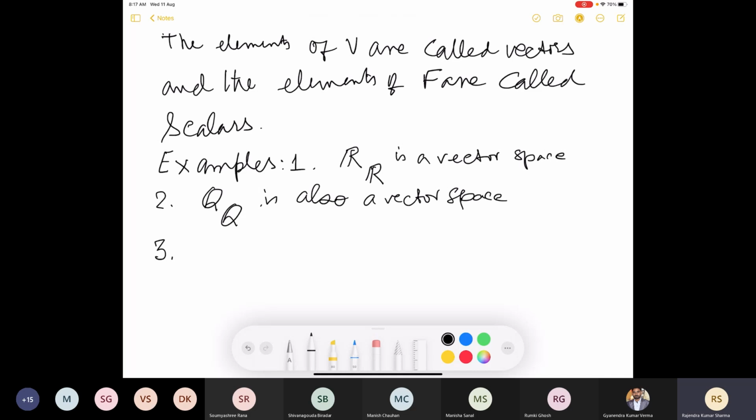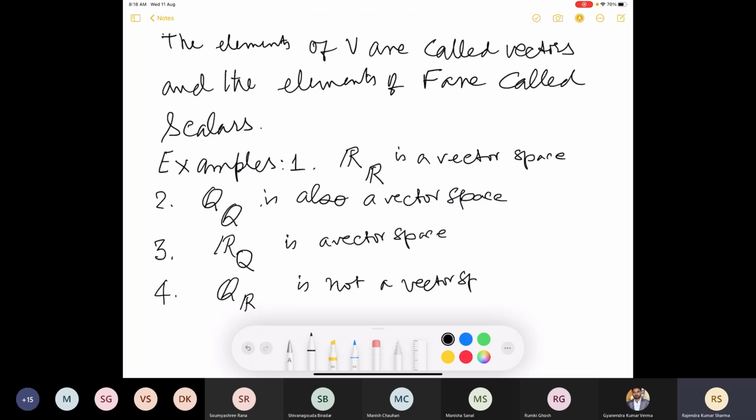Now you can see that R over Q is a vector space. And if we take Q over R, then this is not a vector space.